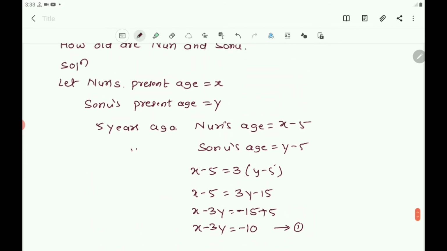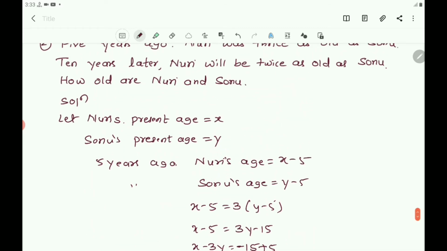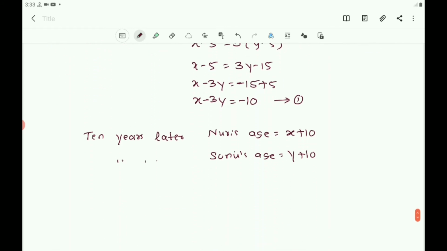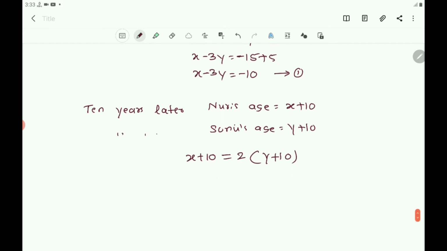And it is said that 10 years later, Nuri will be twice as old as Sonu. That is, x plus 10, Nuri's age, is equal to twice the age of Sonu, that is 2 into y plus 10. Then it becomes x plus 10 is equal to 2y plus 20.